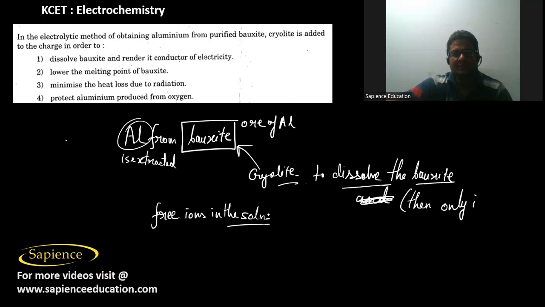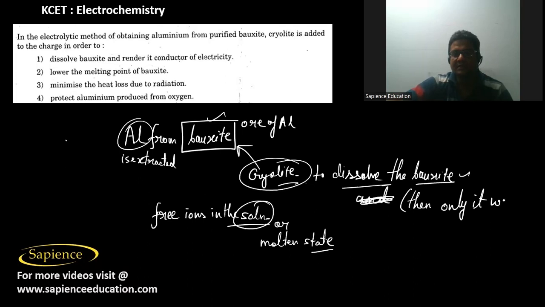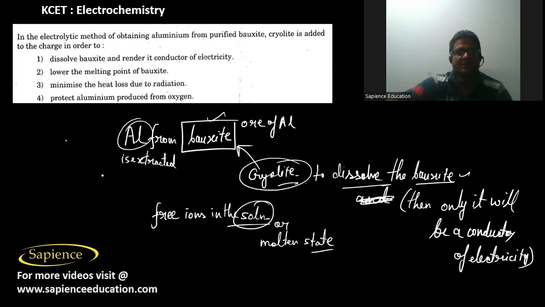So it should be in the form of a solution or in the form of a molten state, then only it can act as a conductor of electricity. So here cryolite is added to the bauxite in order to dissolve the bauxite, and then only it will be a conductor of electricity. So option 1 is the correct answer.